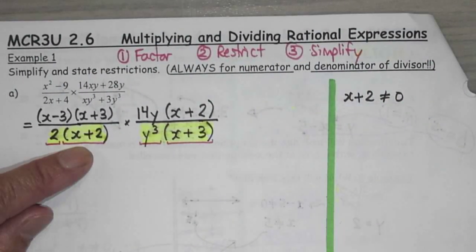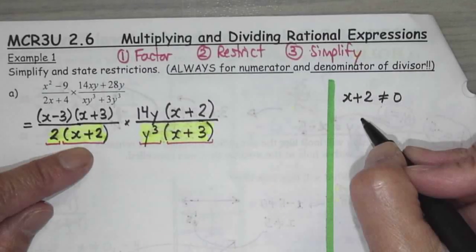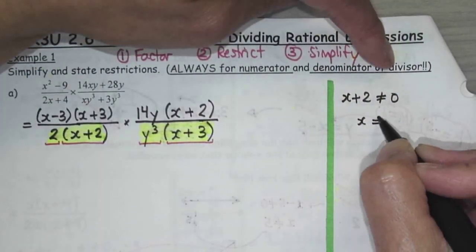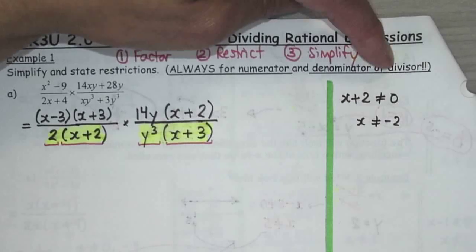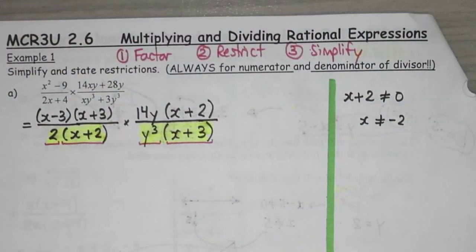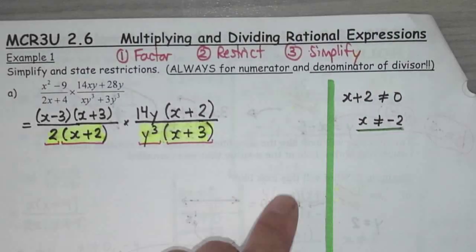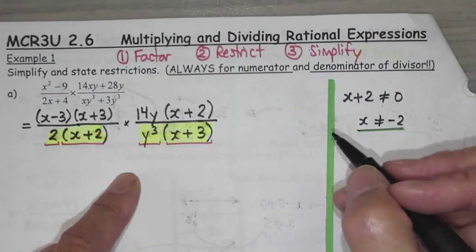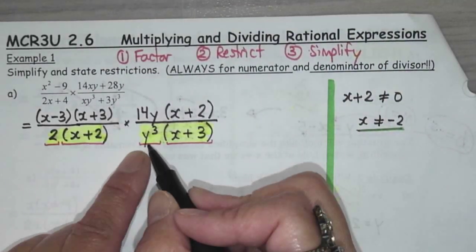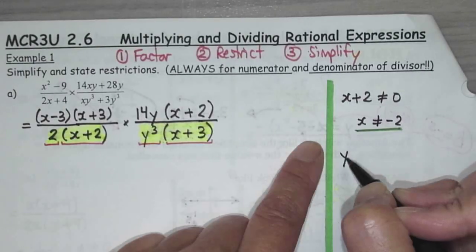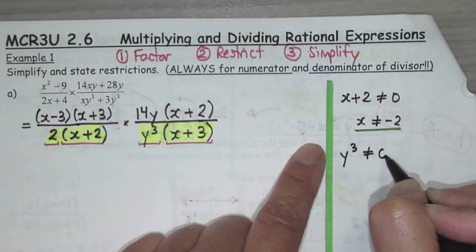Again, if you're getting faster, you're okay to go right to this. x does not equal -2. So that's 1. If you want, you can circle it or highlight it, and you can go, okay, I want to make sure I remember that guy. The next one, I'm going to take this factor. y cubed does not equal 0.